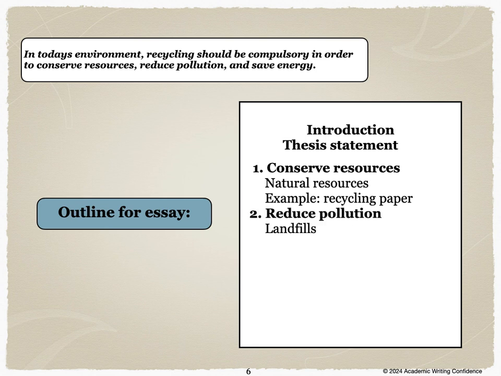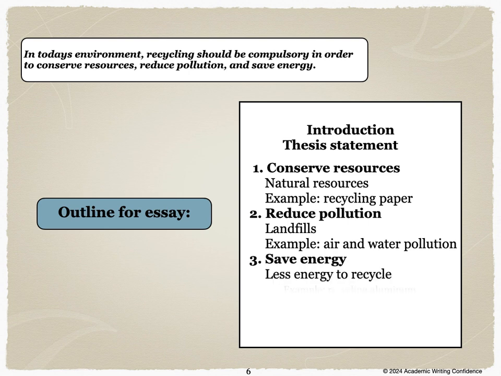For your topic about reducing pollution, you could talk about landfills and also give an example of air and water pollution and how recycling will help those issues. The third topic about saving energy, you could discuss that it takes less energy to recycle than to make new materials. For example, recycling aluminum. And then you would have your conclusion.